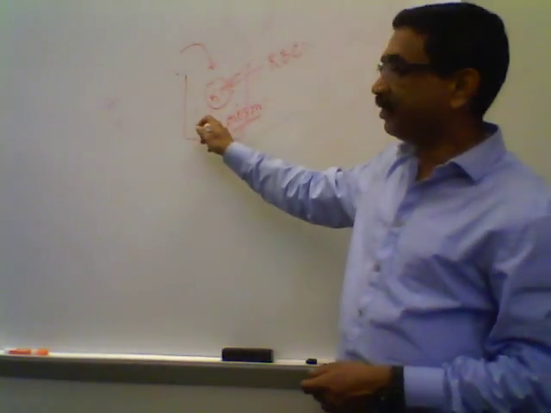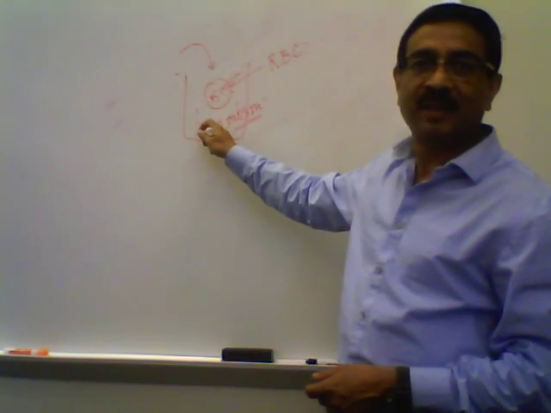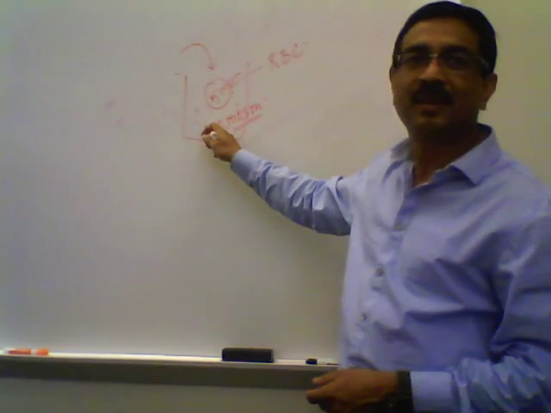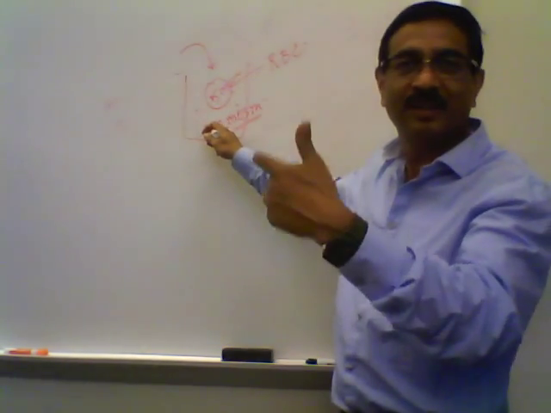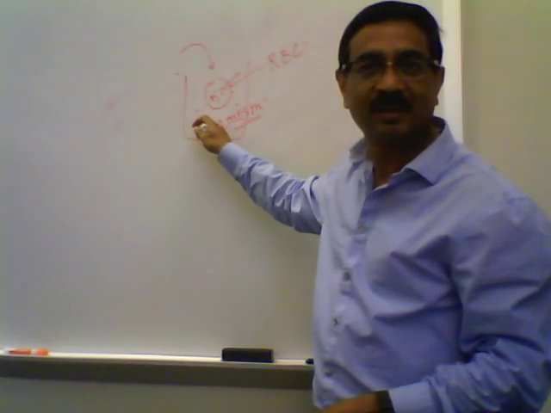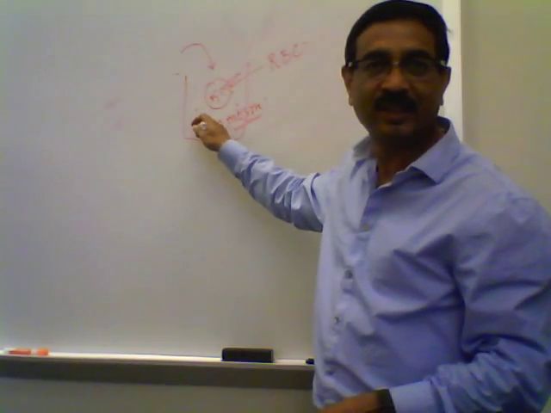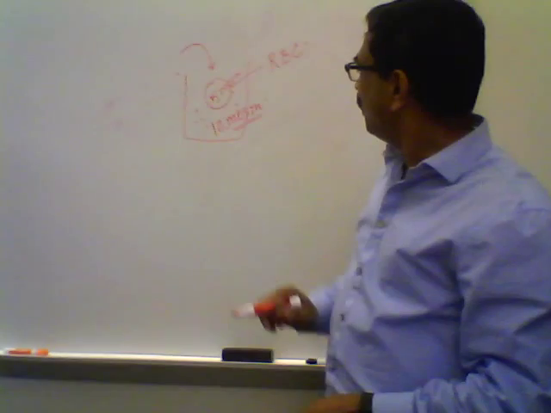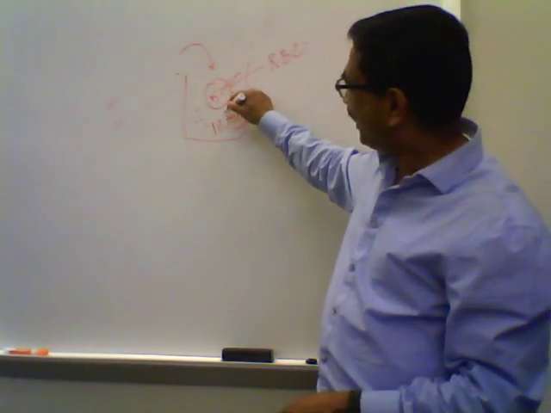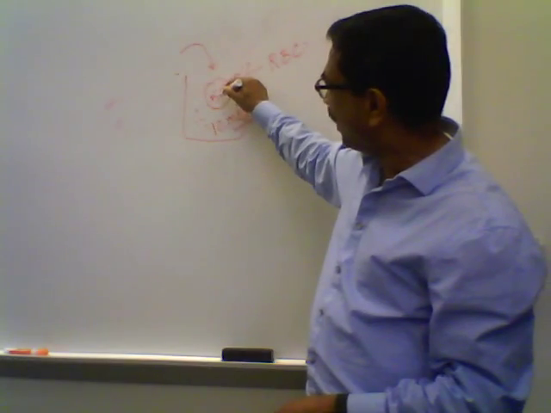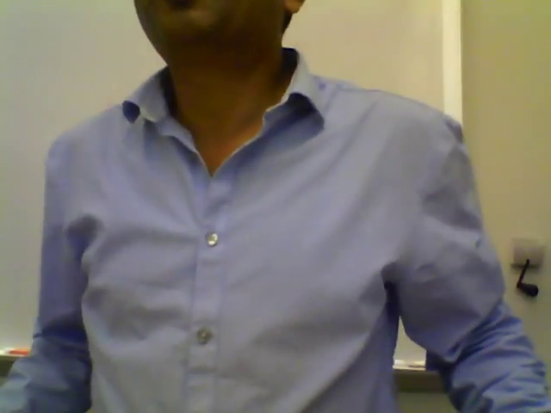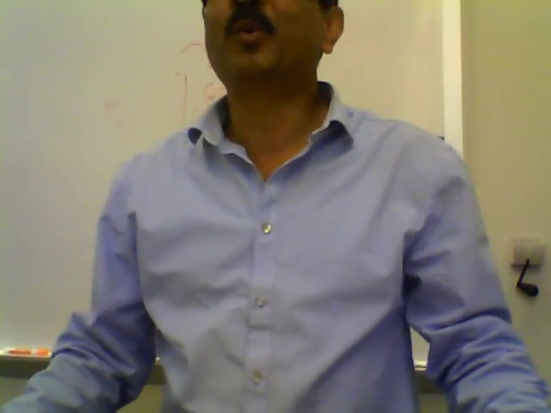So this solution outside of the cell is hyper or hypo compared to this one? Hyper. Hyper means what? More, right? So the solution is hyper, hypertonic. Is it clear? Now, you tell me, the concentration is 10 milliosmol outside and 5 milliosmol inside. Which way will osmosis occur?